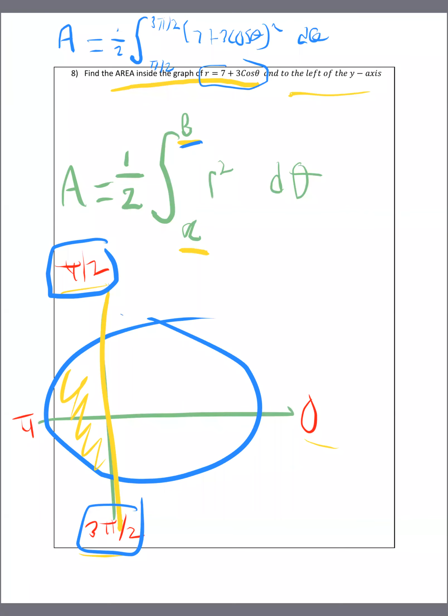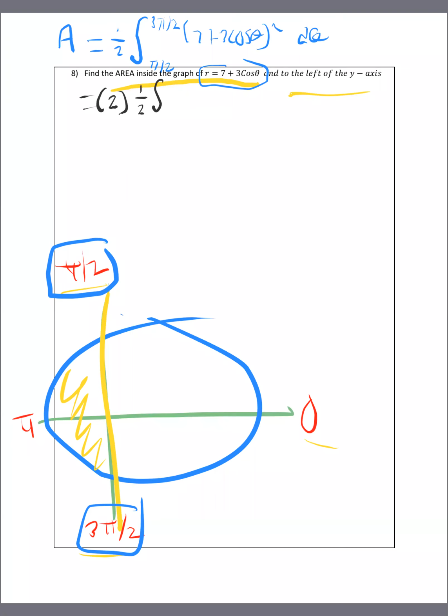One thing, guys, I don't like to do a lot of work. I like to simplify my life to the best of my ability. And I'm going to tell you what I did to simplify it, and I want you guys to tell me if it makes sense. I rewrote this integral as 2 times 1/2 the integral, and let me just erase this formula because you guys should have written that down. 2 times the integral from pi over 2 to pi of the same r, 3 cosine of theta squared d theta.